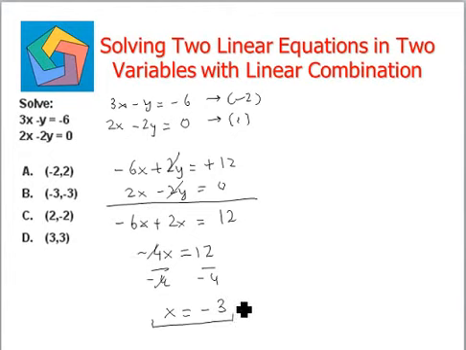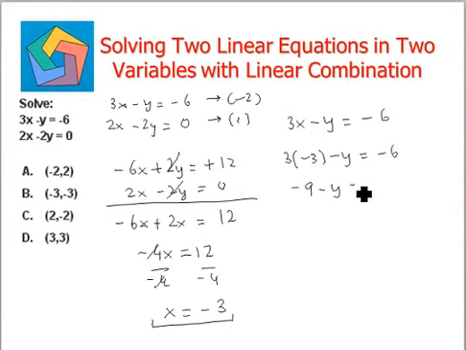Now we'll plug x equals negative 3 in the first equation. Our first equation is 3x minus y equals negative 6. 3 times negative 3 minus y equals negative 6. 3 times negative 3 is a minus 9, minus y equals negative 6.